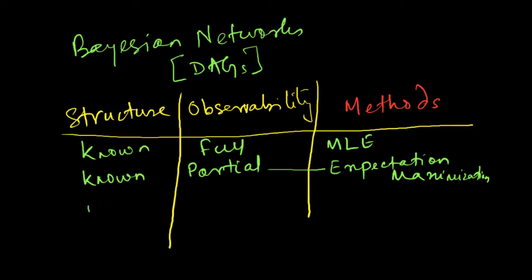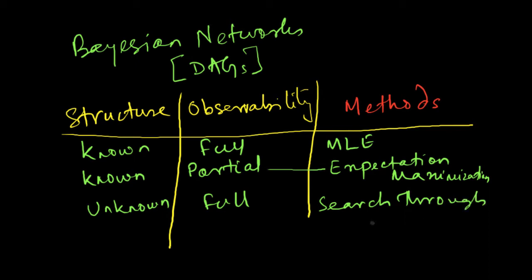Then your structure could be unknown and your observability could be full, in which case you have to search through the space of all possible models, which means that you have to try out all the various possible structures of your Bayesian network which could possibly explain your given data, and this particular problem is actually NP hard, because searching through the model space is very computationally expensive.